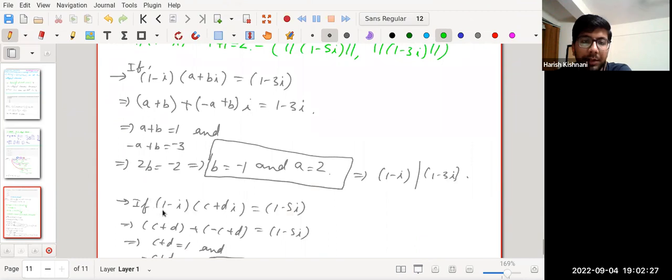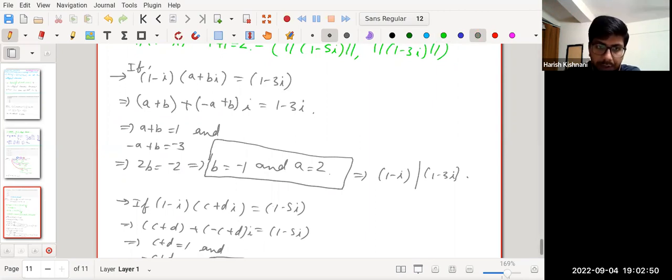And if 1 minus i times c plus di, you equate it to 1 minus 5i, then you have (c plus d) plus (minus c plus d) times i. Just compare the coefficients. Here we have i also.